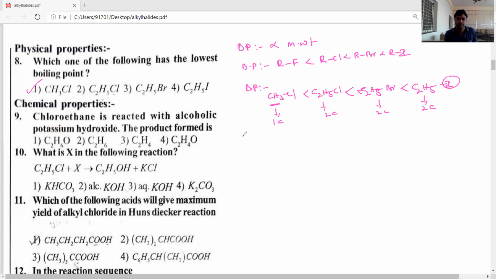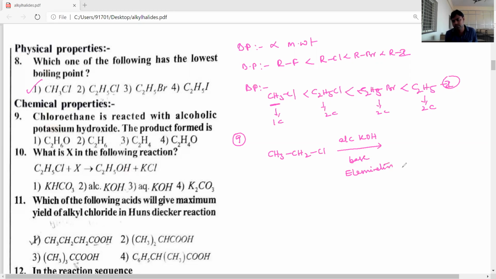Okay, students, let's see the ninth question. Chloroethane reacts with alcoholic potassium hydroxide. We know chloroethane is CH3-CH2-Cl. If chloroethane reacts with alcoholic KOH, which is very important, alcoholic KOH acts as a base and undergoes an elimination reaction.